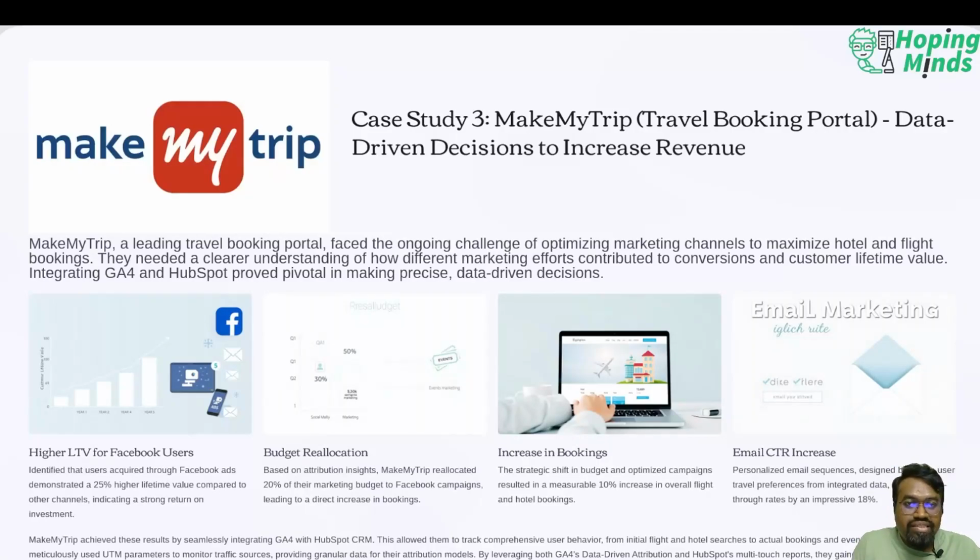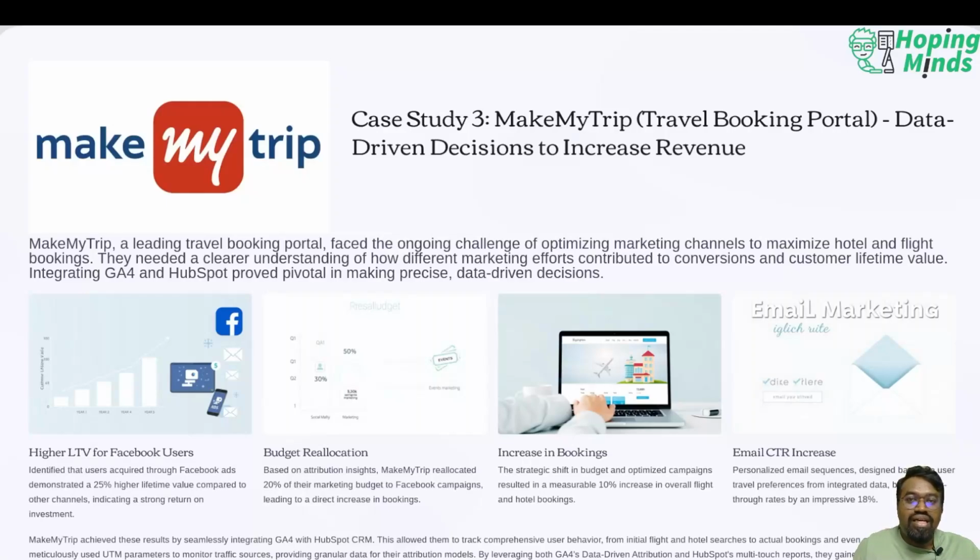Now let's see a case study of Make My Trip. So Make My Trip, you all know that it's a travel booking portal, and basically they take data-driven decisions to increase revenue. Now, how is this possible?